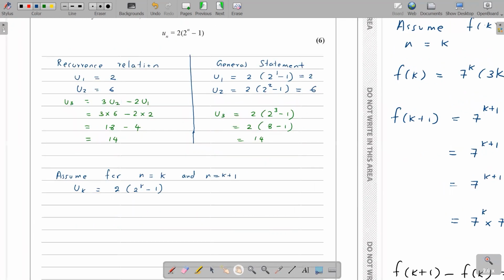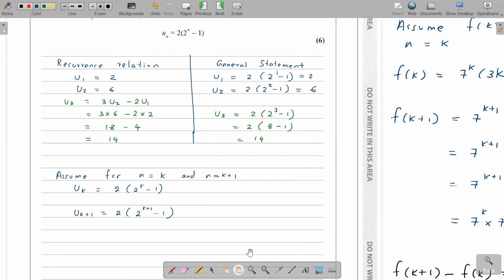So you assume for both of them, the kth term and the k plus 1th term. So uk plus 1 is what? Go here, replace n with k. So we are assuming the k plus 1th term of the recurrence also is equal to the k plus 1th term of the general. So this is equal to 2 times 2 to the power k plus 1 minus 1. So these are the two assumptions that we are going to use here.